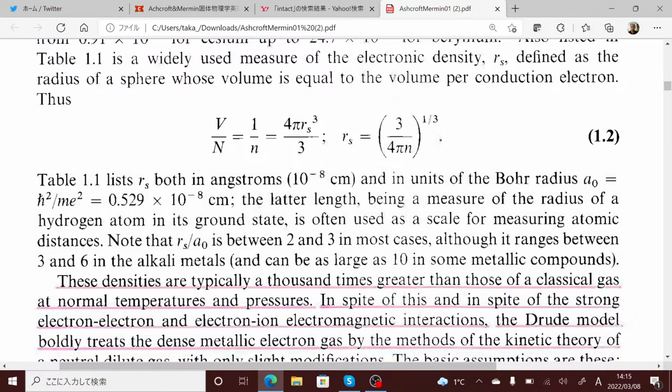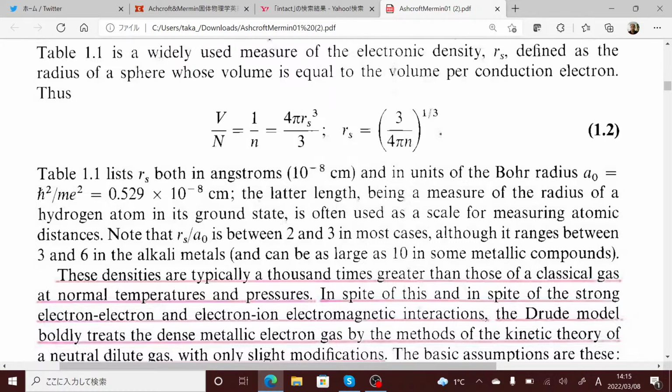Note that rs divided by a0 is between 2 and 3 in most cases, although it ranges between 3 and 6 in alkali metals and can be as large as 10 in some metallic compounds.